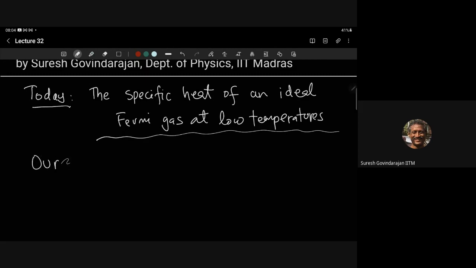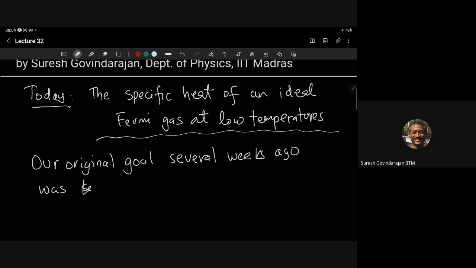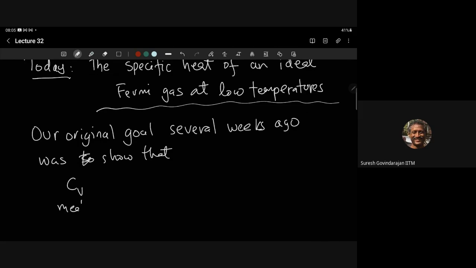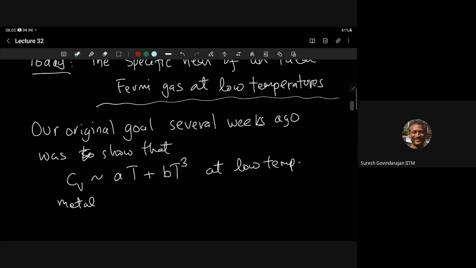So our original goal, several weeks ago, was to show that the specific heat CV for a metal goes as some constant times this sum, at low temperatures, and this was the ionic contribution.